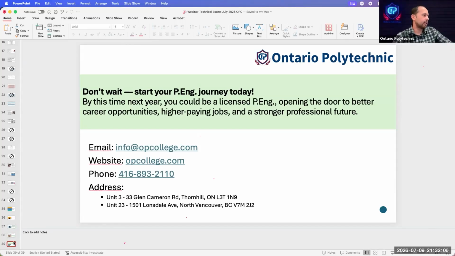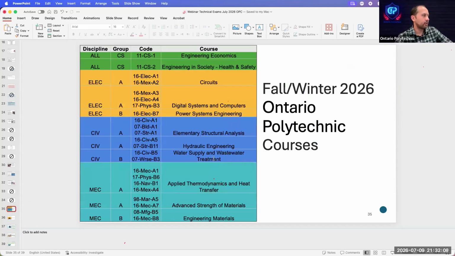For mining, we just cover this discipline. Unfortunately, we can't cover all at this stage, like nuclear, mining, and other disciplines. If you pick anything from the CS group, which is common between all disciplines, we offer economics and health and safety. Other than that, these are the courses we are offering. Maybe you have to check the course syllabuses.